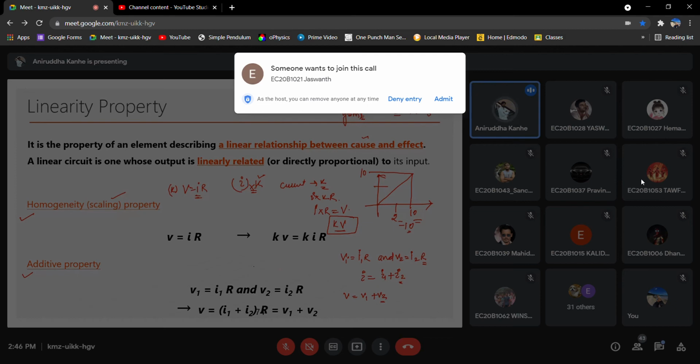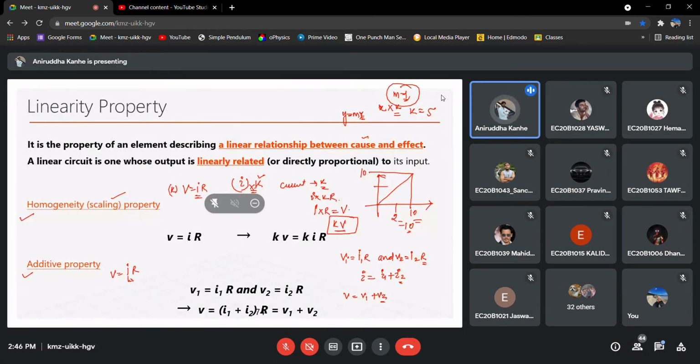So let us do it this way. If I write V equals IR and substitute this I, V equals (I1 plus I2) times R. Now expand it, it becomes I1R plus I2R. So V becomes V1 plus V2. This is what is called additivity.